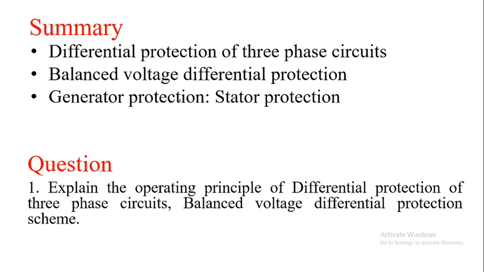As and when an internal fault occurs in any one of the windings, the polarity of that particular CT is going to reverse, hence some current flows through the operating coil, so the relay coil gets energized and gives a tripping signal to the circuit breaker. So this is the protection of the stator by percentage differential against the phase to phase fault or against the phase to ground fault.